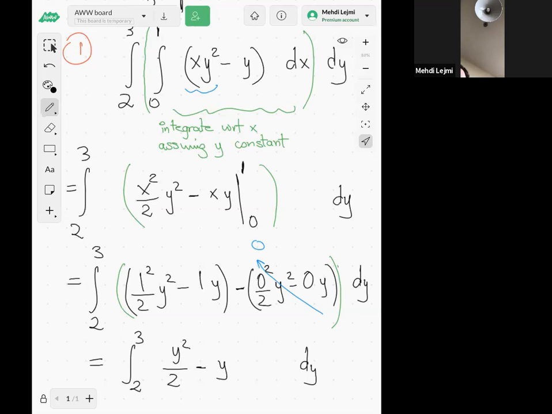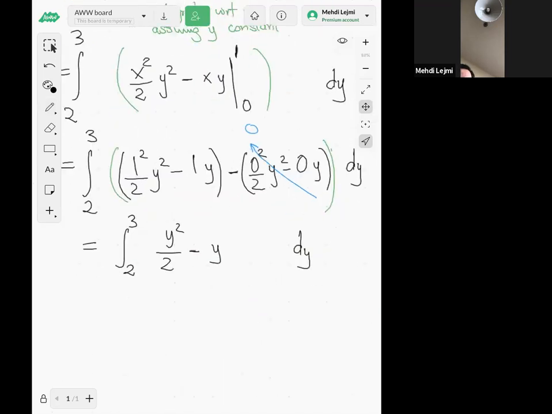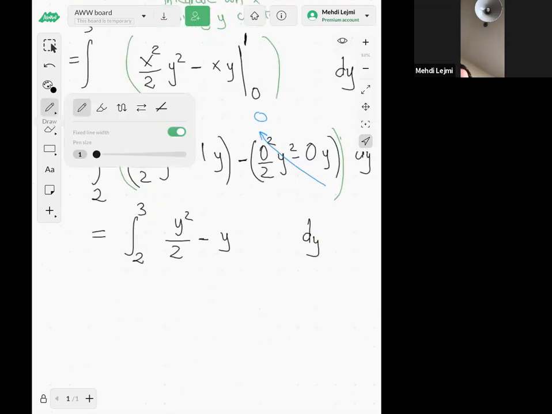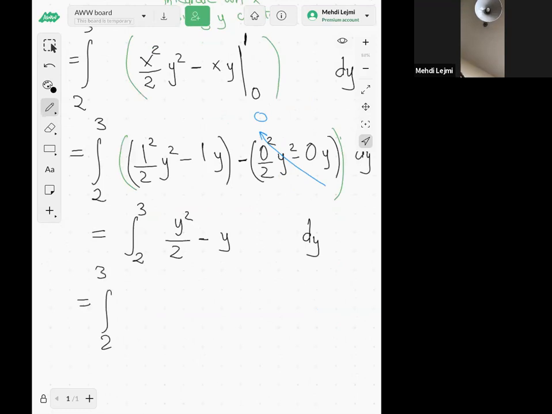Now we get a function of y, and you can integrate with respect to y. Integral of y squared will be y cubed over 3, and there's a 2 constant in the denominator, so I'm going to multiply by the 2 in the denominator.